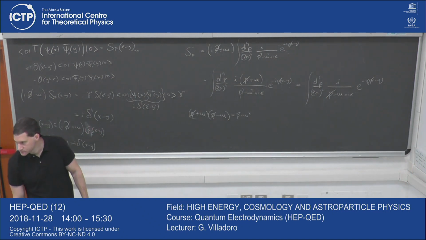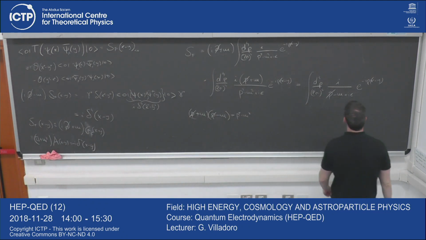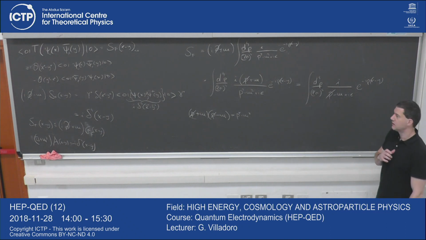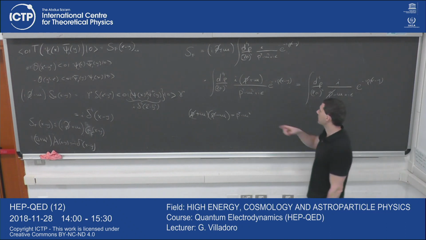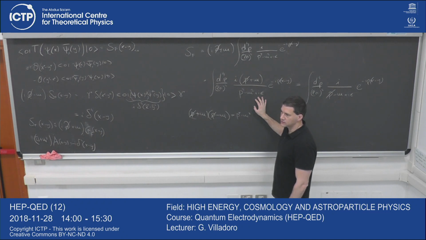Why do we ignore i epsilon? Because we remember that i epsilon is always a limit when epsilon goes to 0. So first order is negligible.